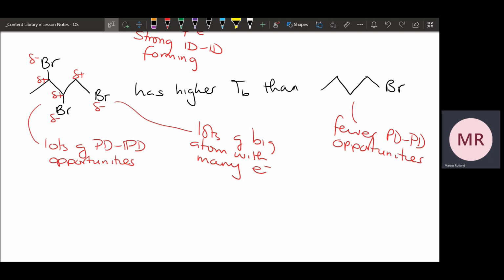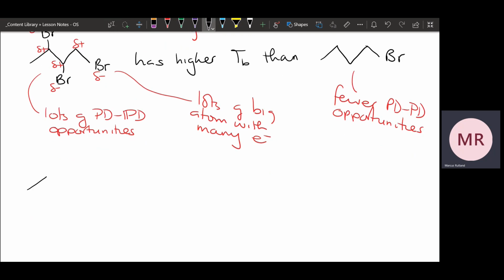Hence you've got a stronger electrostatic attraction between the opposite charges on the 2 molecules, compared to just the one bromobutane.